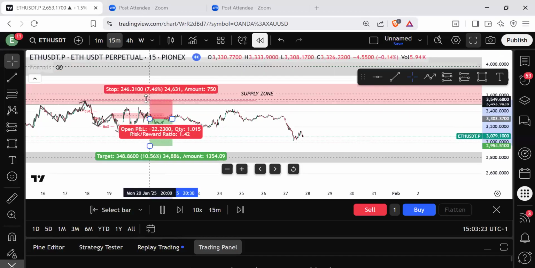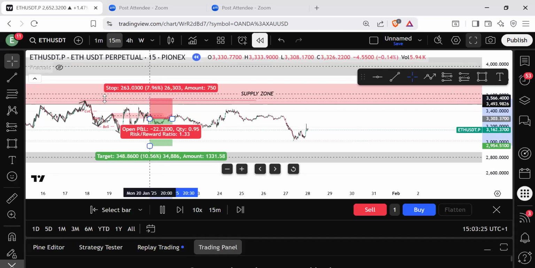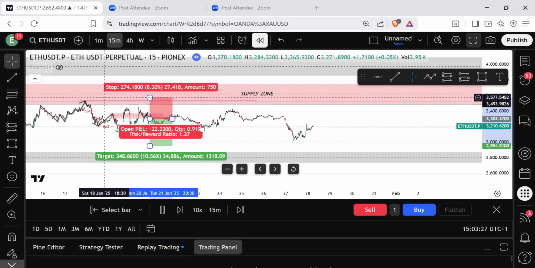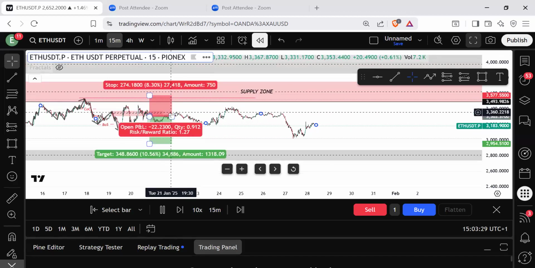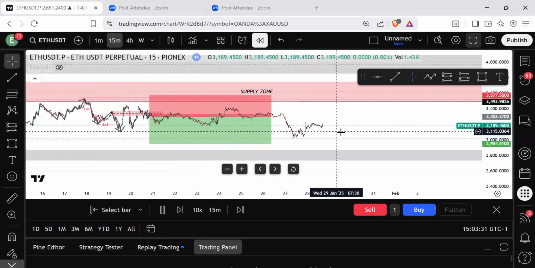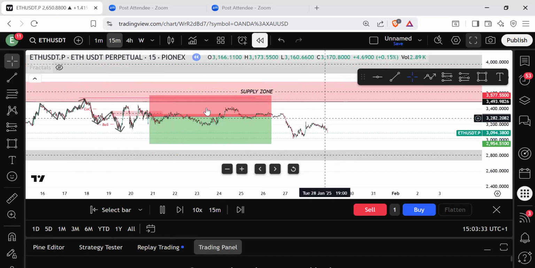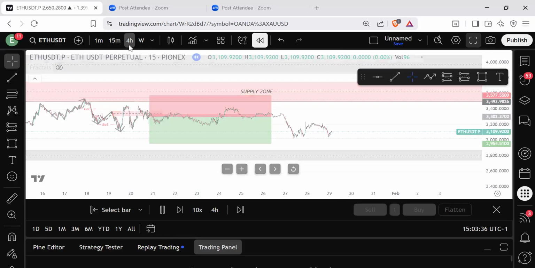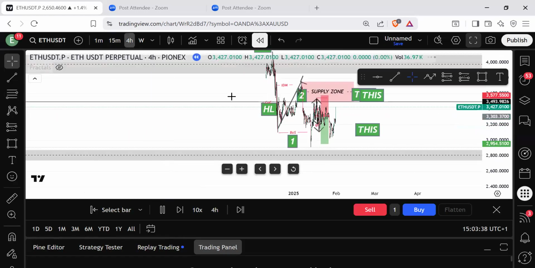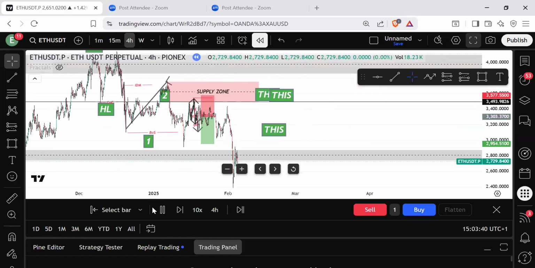So I mentioned that the stop loss can be above that point. For the risk to reward, if that's where the stop loss is, you can go back to the 4 hour to know where your target will be.